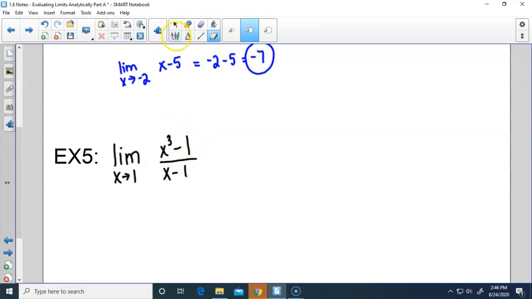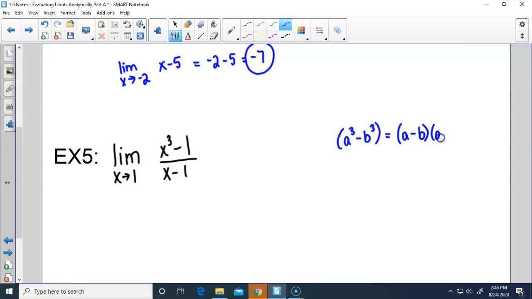What we've got to do is factor this x to the third minus 1. To factor x to the third minus 1, we have to use the difference of cubes. We know we have a difference of squares. We also have a difference of cubes. Our difference of cubes tells us if we have a cubed minus b cubed, then that will equal a minus b times a squared plus ab plus b squared.